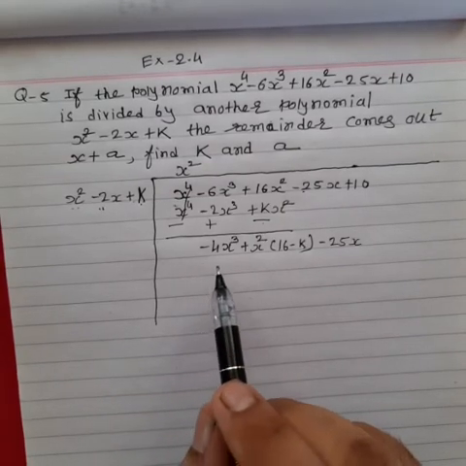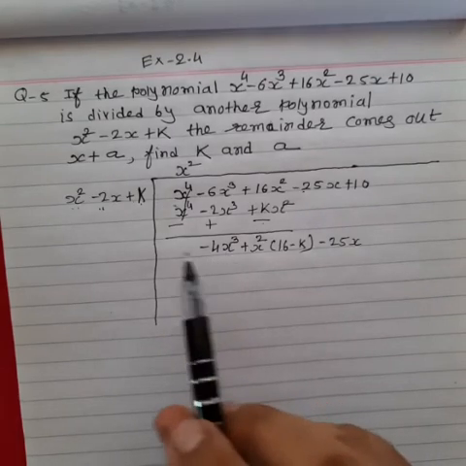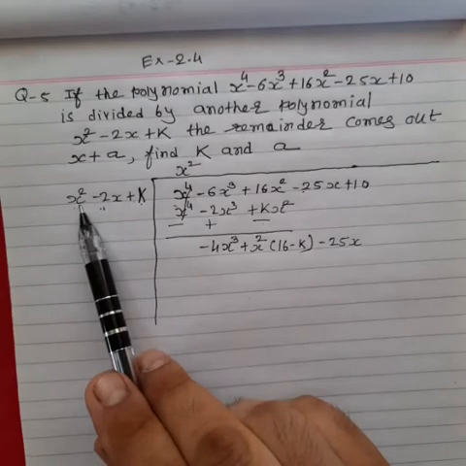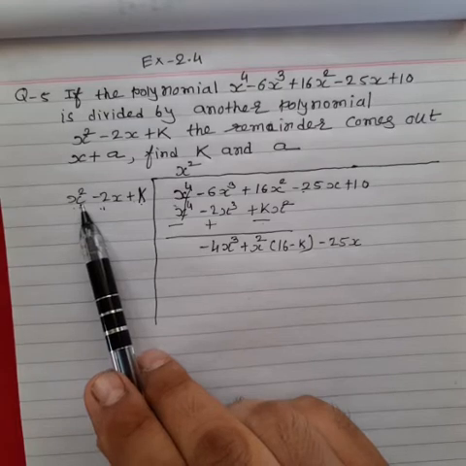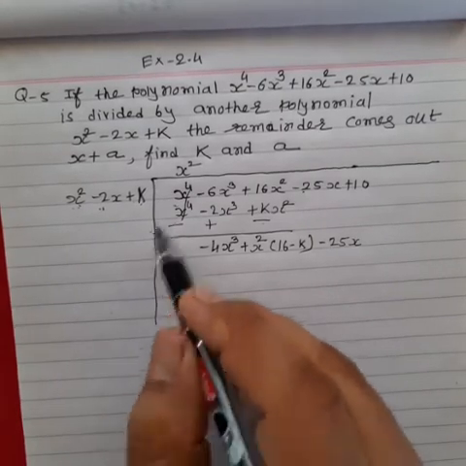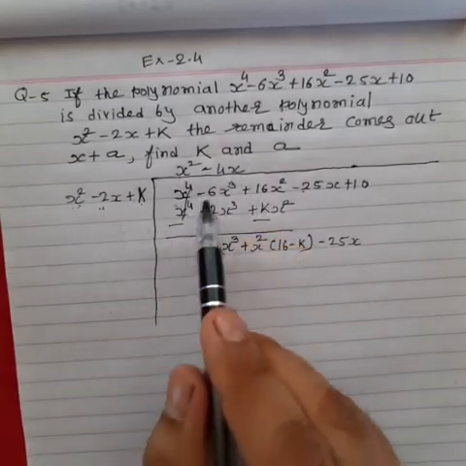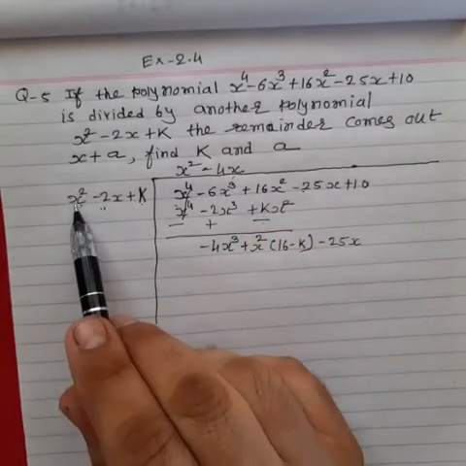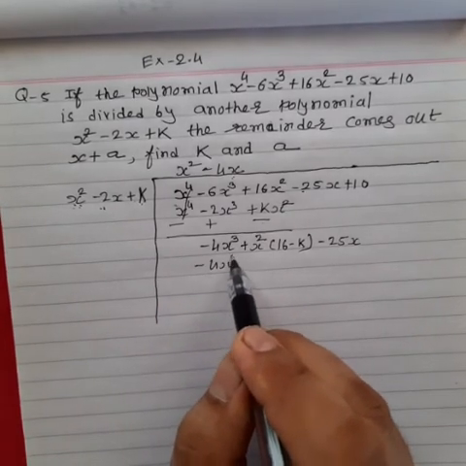So now to obtain minus 4x cube, you have to multiply x square with minus 4x. When you multiply x, it will be x cube and minus 4, so overall you get minus 4x cube. So minus 4x into x square is minus 4x cube.